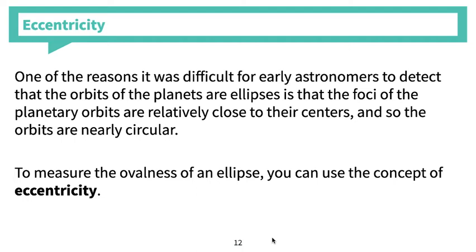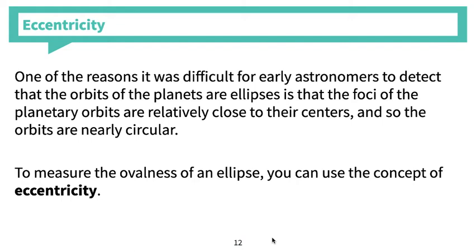I'll just read it because it's better if I just read it than try to re-explain exactly what you see on the screen. So one of the reasons that it was difficult for early astronomers to detect that the orbits of the planets are ellipses, so if you didn't already know, I'm sure you do, but the planetary orbits are ellipses.